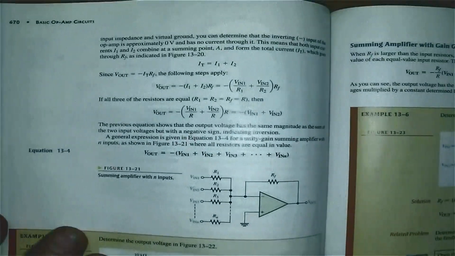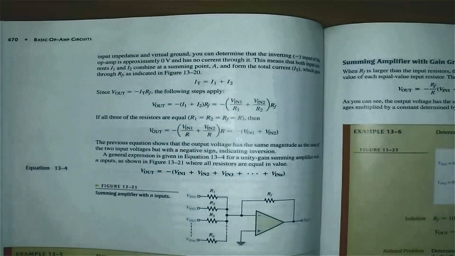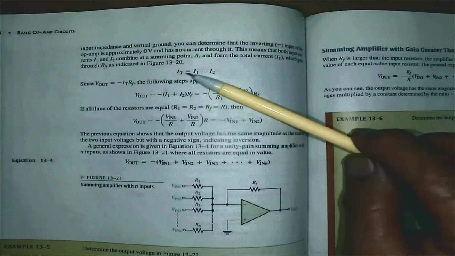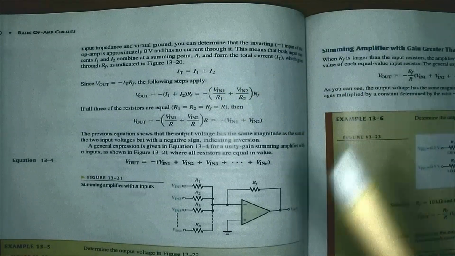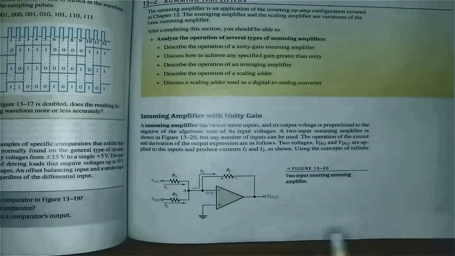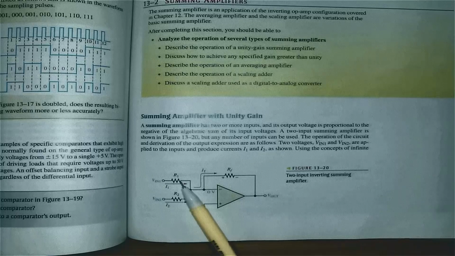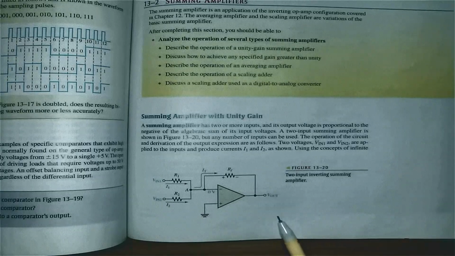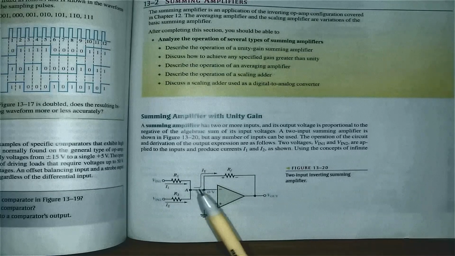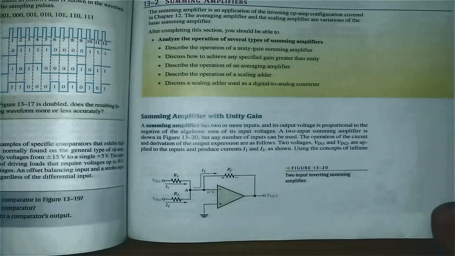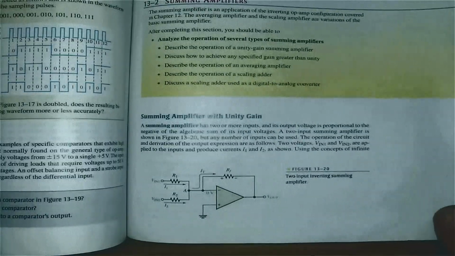Let's quickly have a look at the proof. Here they have a very small, simple proof. I total is equal to I1 plus I2. Just to show you again, there's I total, it's I1 plus I2. Because that point is at 0 volts, the op-amp will take its output negative to make sure that current is equal to the sum of those two currents, and they should flow in the same direction.